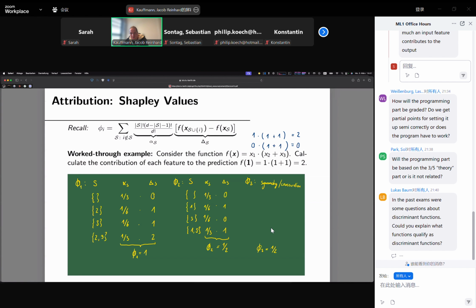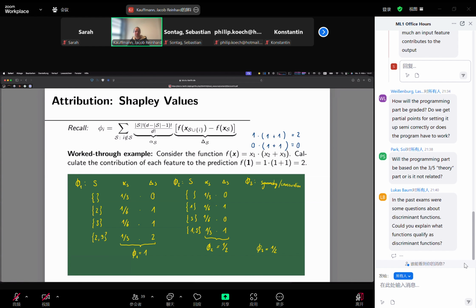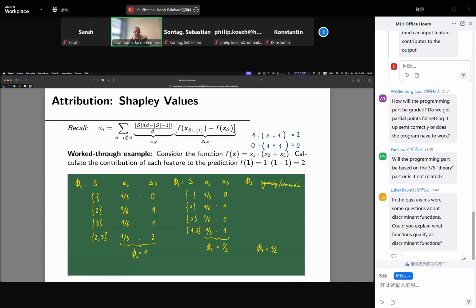How will the programming part be graded? Do we get partial points for setting it up semi-correctly, or does the program have to work? All right, so it doesn't have to compile.